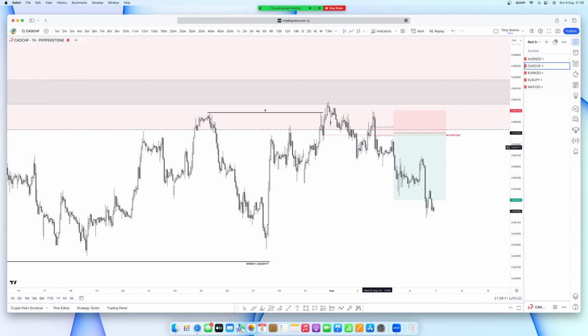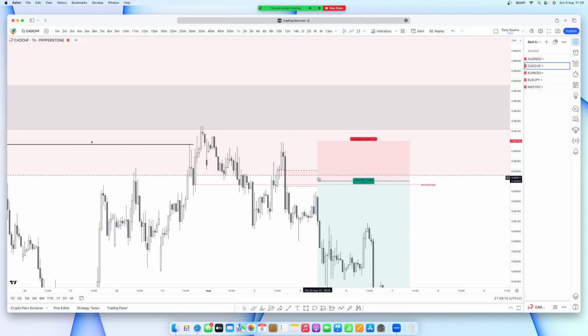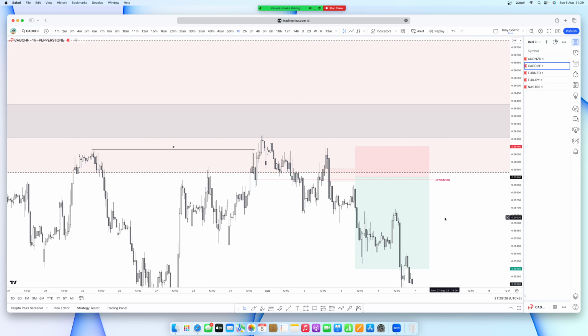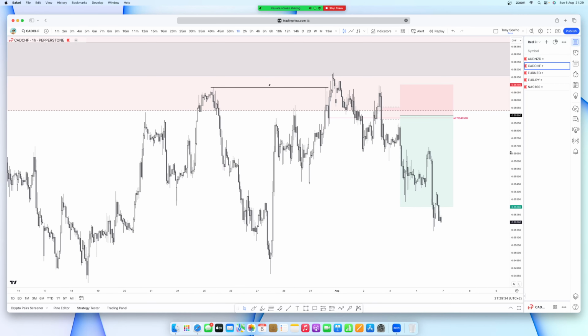Price came up, came back down. I wanted to take my sell at this imbalance here. Can you see? When I take my sell at this imbalance, it lines up with structure, lines up with demand supply, and 900 is a 00 level, an institutional bank number. So I wanted to sell this, but price came up and dropped, so I missed my entry also.